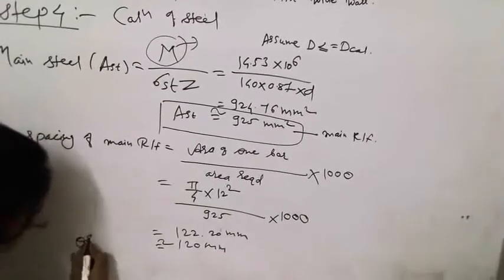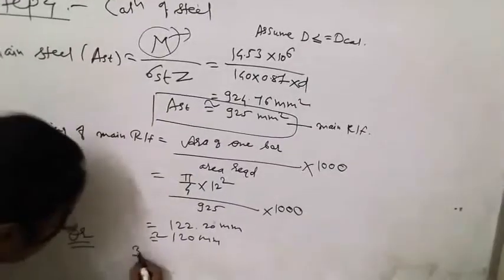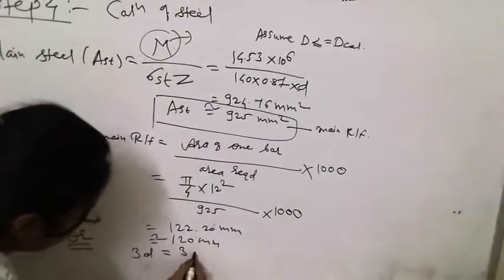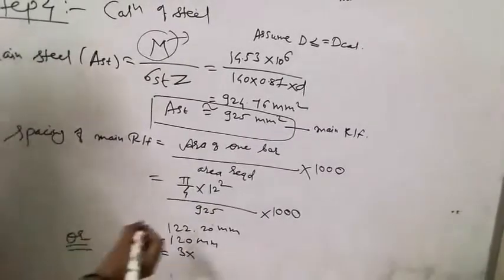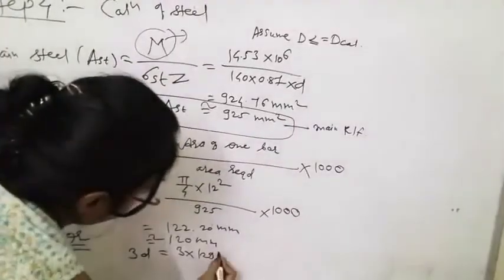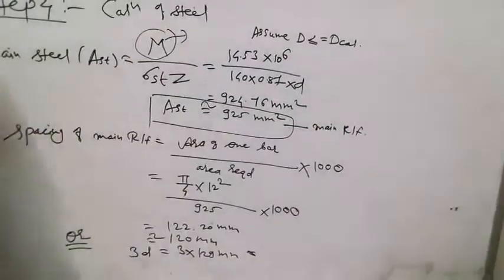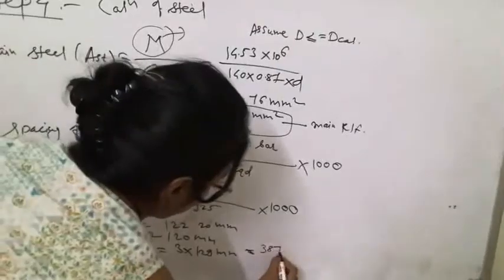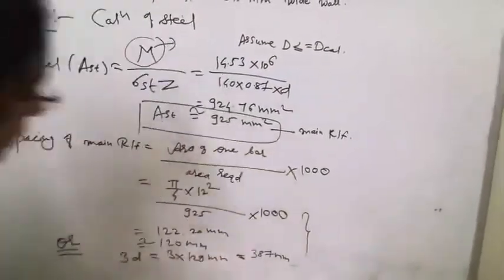Or 3D. 3 into effective depth 129, we get 387. Whichever is less.